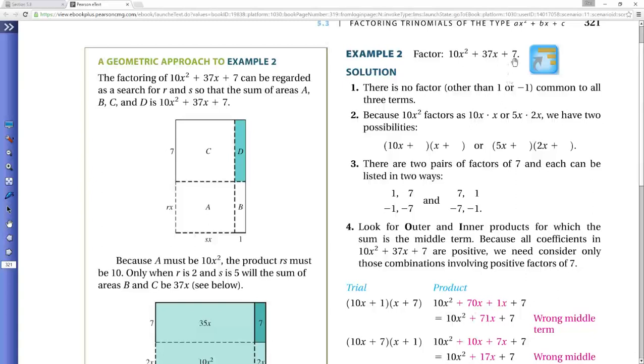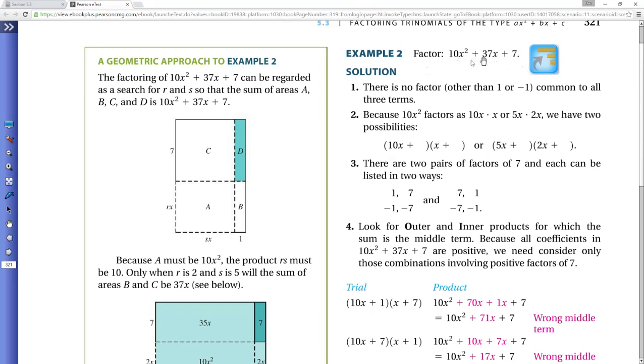Now in this case, the 7 is prime, which means there's only 2 possibilities to get a positive 7, or actually 4 factors really when you deal with negatives. But there's a lot more options for this first term. So they consider that. Again, look for common factors right away.